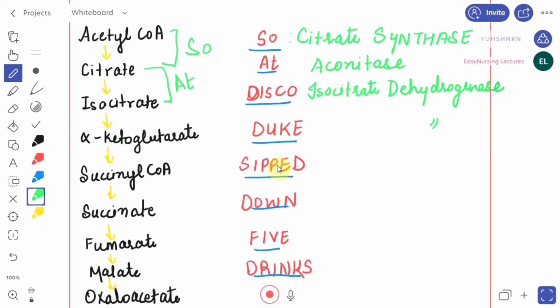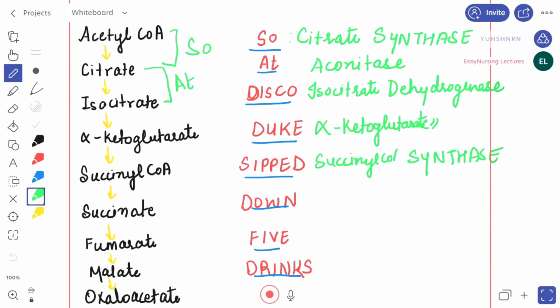Okay, now we have Duke. Duke is again D, so dehydrogenase is occurring. Now whose dehydrogenase is occurring? Alpha ketoglutarate dehydrogenase is occurring here. Now we have S. From S we have synthase. And now what is being synthesized here? Succinyl CoA. Succinyl CoA synthase. Now what is happening?